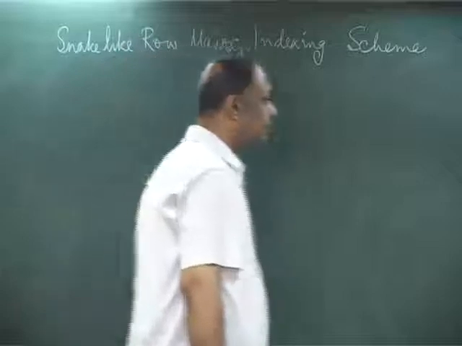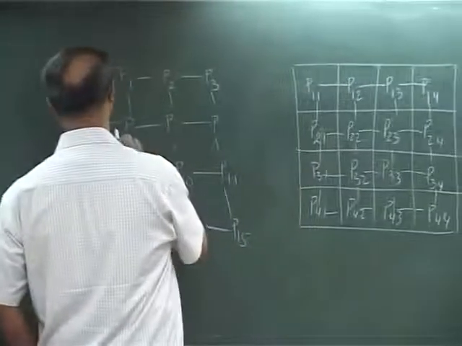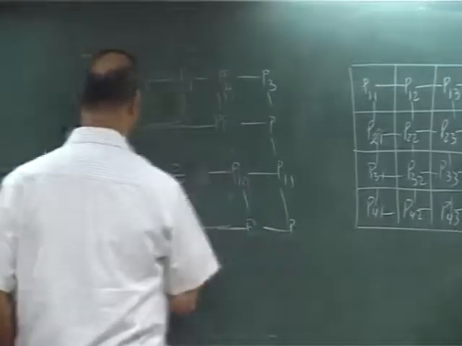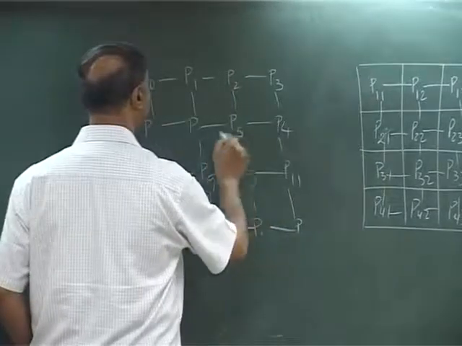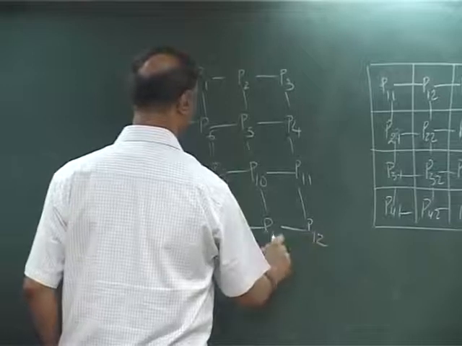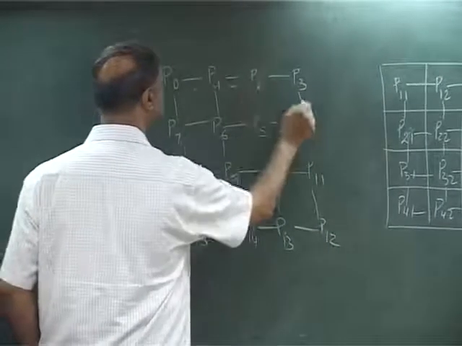In the snake-like row major indexing scheme, the scheme looks like this.